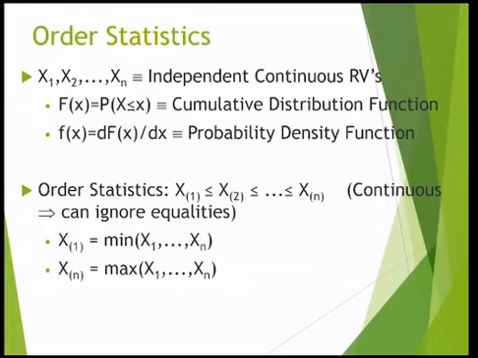Before I walk you through the statistical or mathematical architecture of order statistics, I will first tell you what the meaning is in real life. Now, this is the deal.